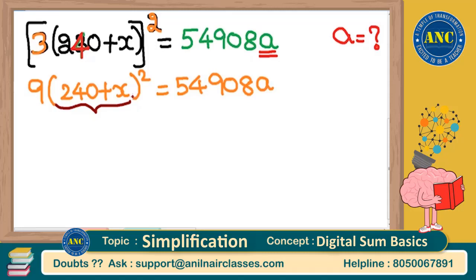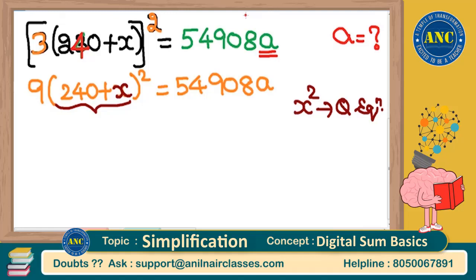Here b is x, so b square is x square. x square is a quadratic equation, so you will apply one more formula: x is equal to minus b plus or minus square root of b square minus 4ac, by 2a.